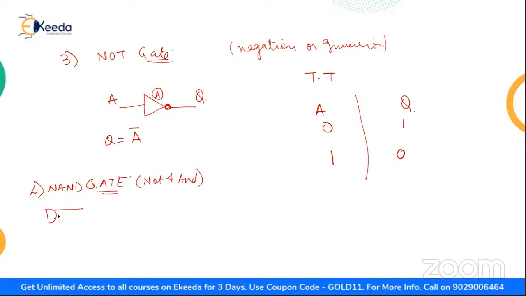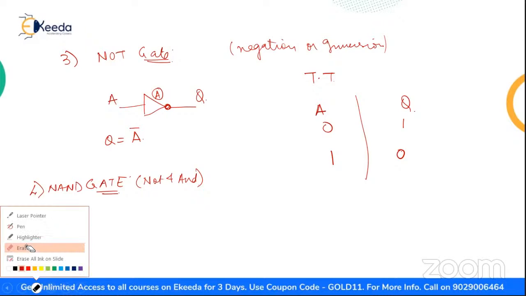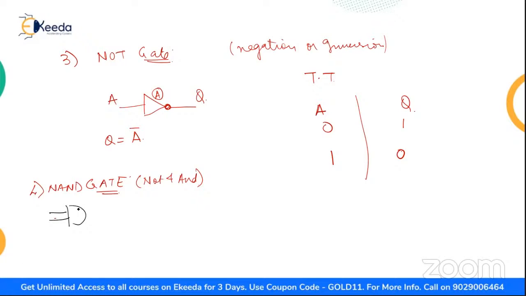So this is the symbol. Symbol is like this. This is the NAND gate. Introduce a small bubble at the output. So this is input A, input B, output Q.